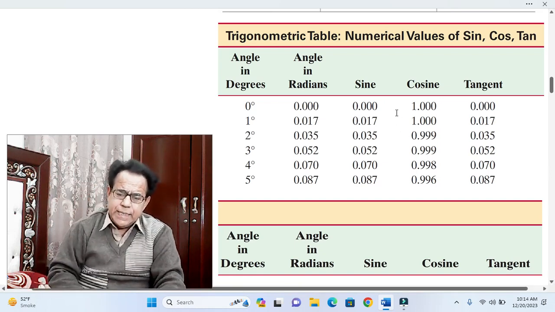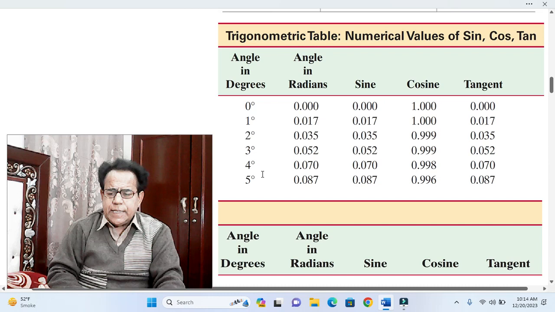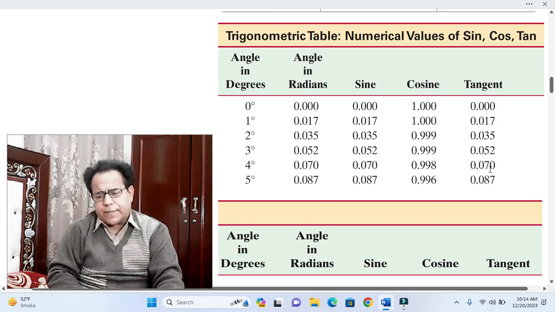This is the starting portion of that table. Here degrees start from 0, 1, 2, 3, 4, 5, and this sequence goes up to 90 degrees. Similarly, the other side is used when we are going to find the inverse.